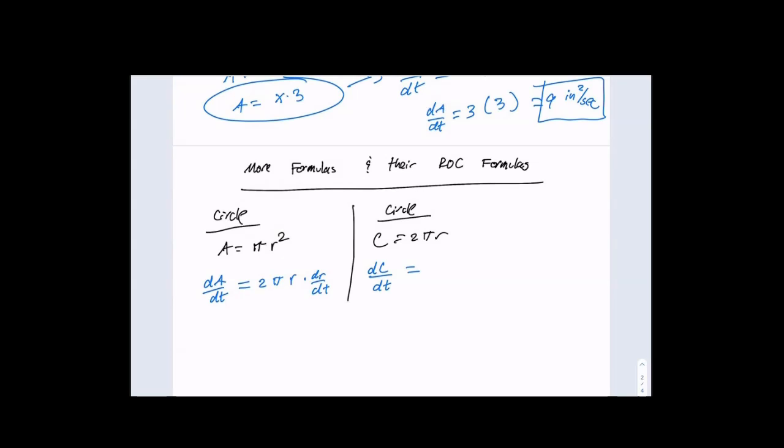It is not, but it's very close. Is this a product? It is not. 2 and pi are constants. It's very close to the previous answer. So would it be 2 pi and then instead of having the r there, it'd be dr dt? There we go.